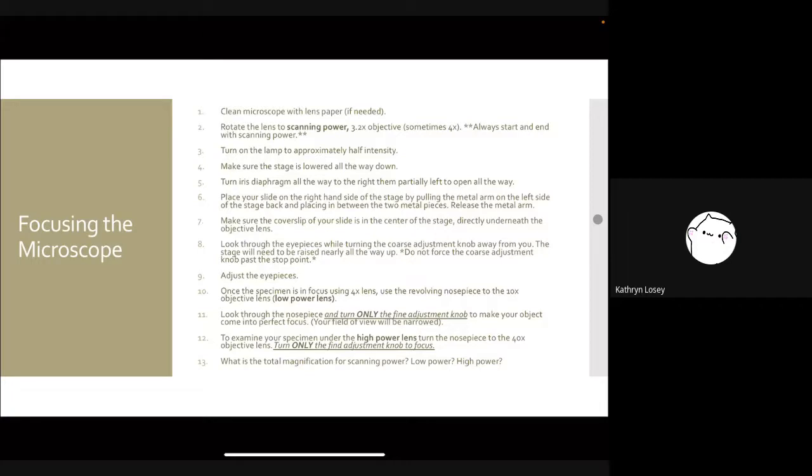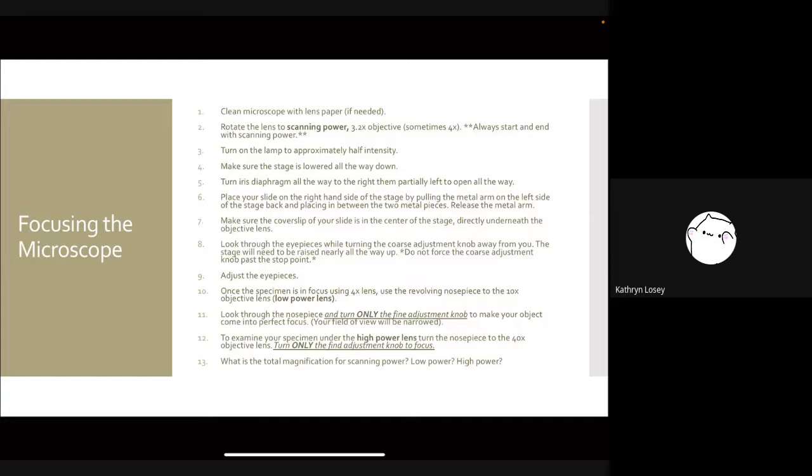And then we'll just really run through real quick how to focus the microscope. So you want to clean the microscope with a lens paper if it's needed. It's not a bad idea to do it every time. Rotate the lens to scanning power, which is either your 3 or your 3.2 times or your 4. Always start and end on scanning power.